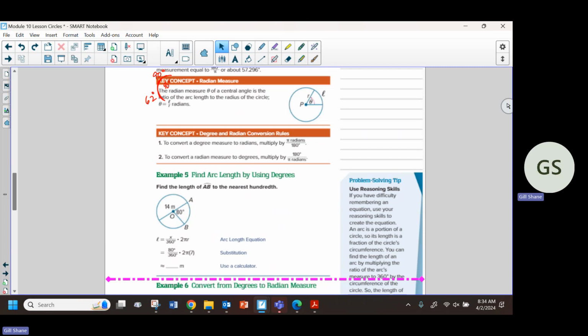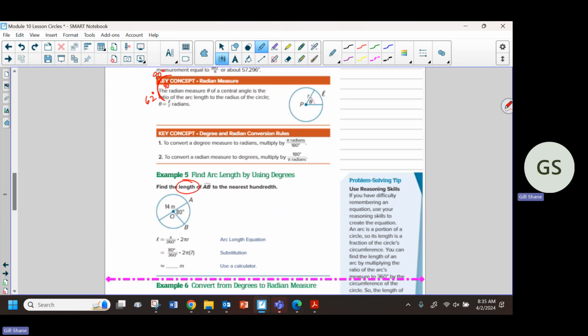So here's the key word in this, by the way: length. If they're saying length, that means you have to do more than just the percentage of the circle. You'll still probably use percentage of the circle, but length means you're going to somehow figure out the circumference. Circumference is measured in length. If they just say find the arc and the word length is not in there, then you're just doing degrees.